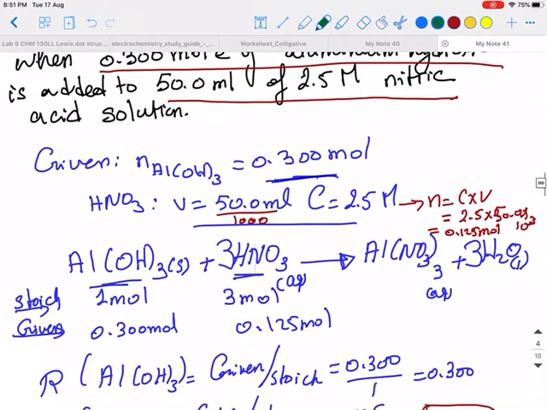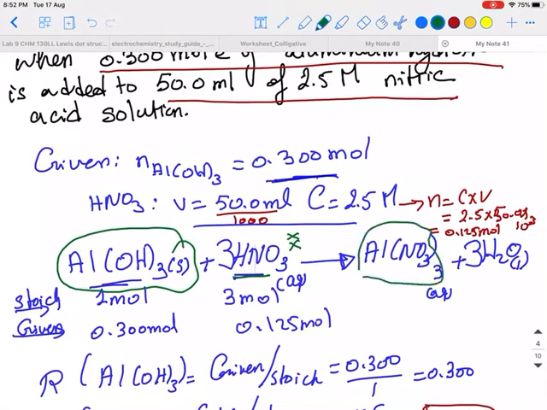What does this mean? It means at the end of the reaction, because aluminium hydroxide is in excess, still we will have amount of aluminium hydroxide. This one will be totally reacted, so no nitric acid, and the products will be produced, which is aluminium nitrate.